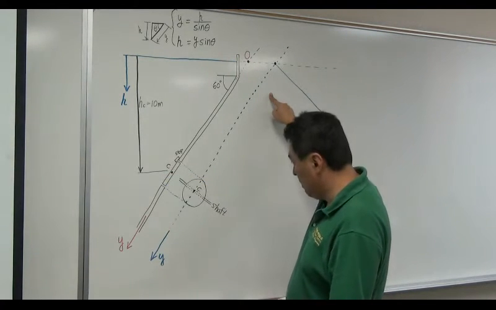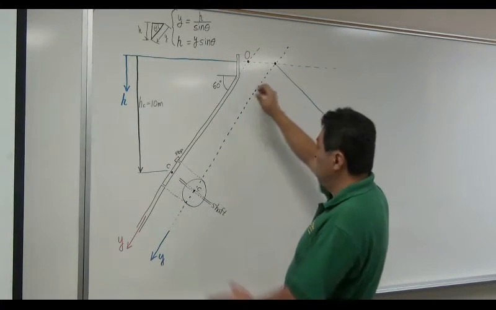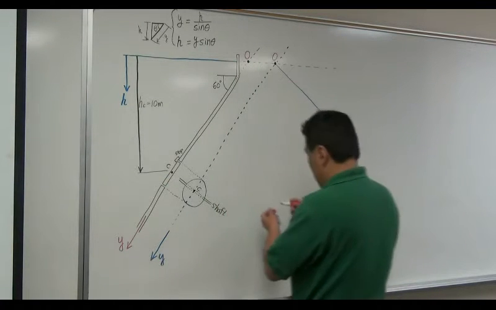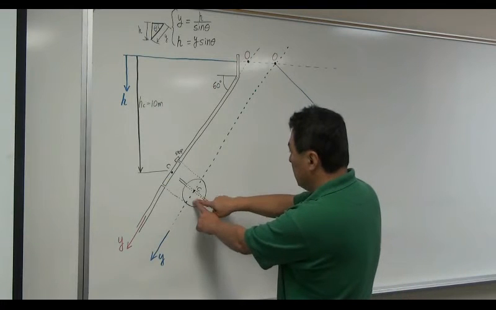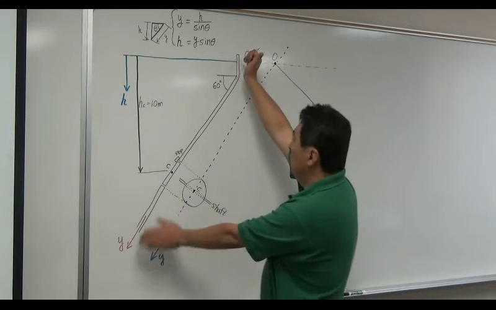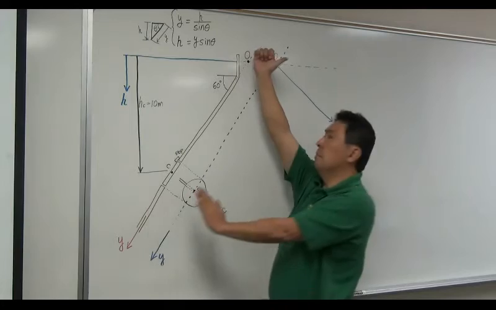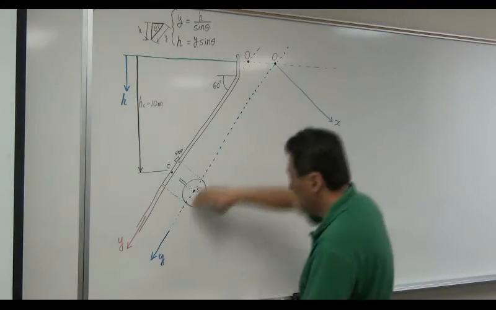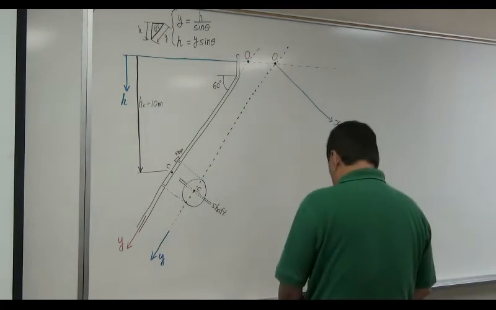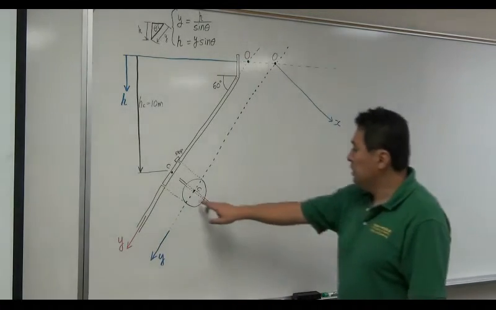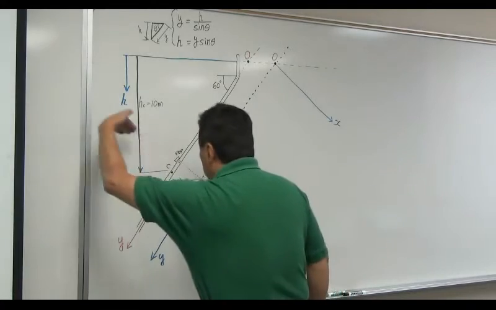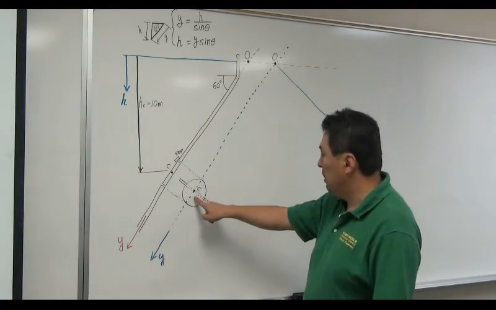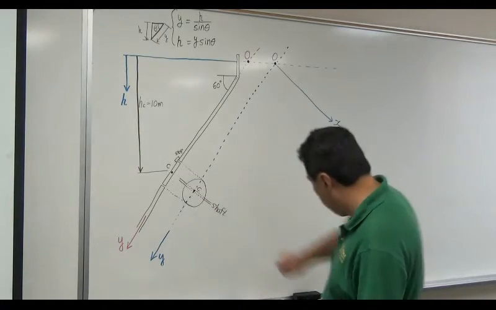From that perspective, this is the same point O. Now you are showing the cross-section of this gate by rotating this coordinate system 90 degrees. So this is x, this is y. Okay. So now you can see the side view of this circular cross-section gate. Right here is the centroid. This is the location of the shaft. All right.